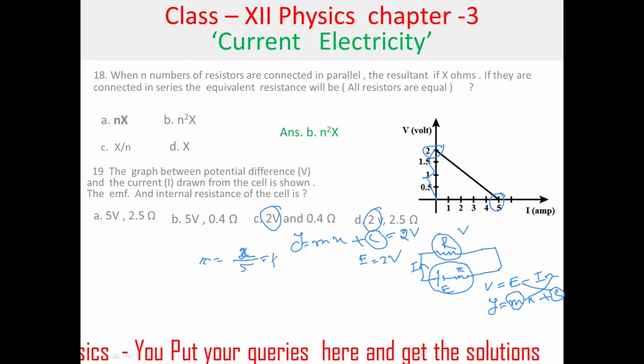You know this is tan theta, and tan theta is perpendicular by base. So perpendicular is 0 to 2 and base is 5. So 2 by 5 would be 0.4 ohm. So I think this is the 0.4 ohm.